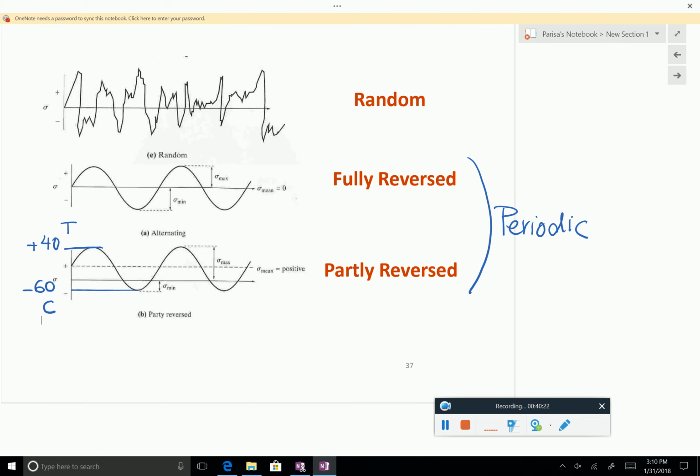I give you a few moments, just a stress range, for example, just the parameters from the previous slide.